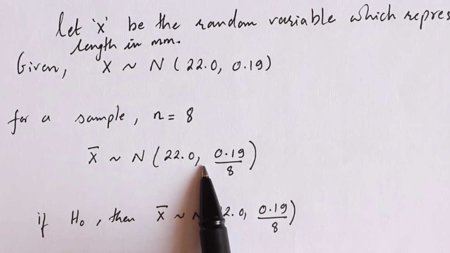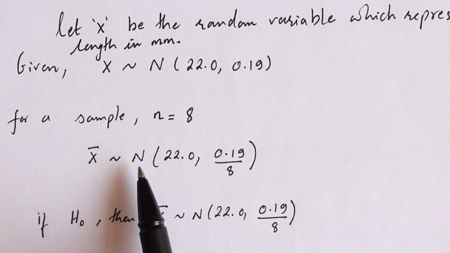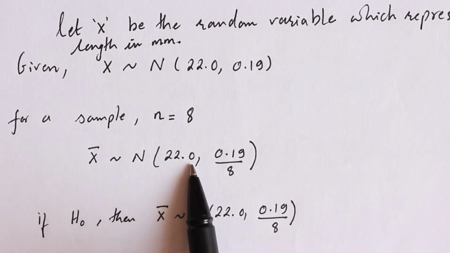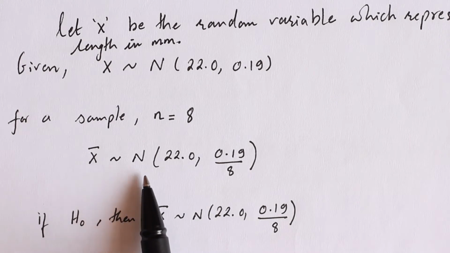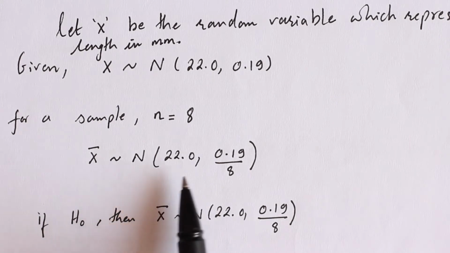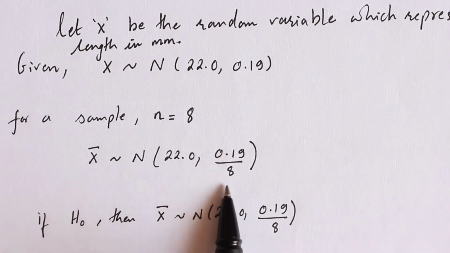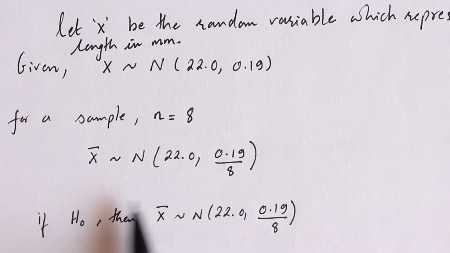Whether you take the mean of the sample and then check the distribution of those sample means, you still get a normal distribution, but for the variance you have to divide by the sample number. So here n equals 8.